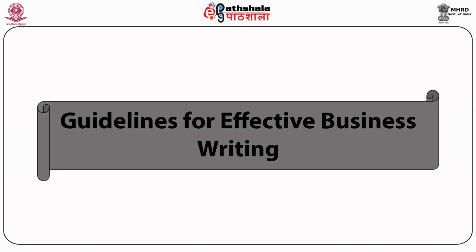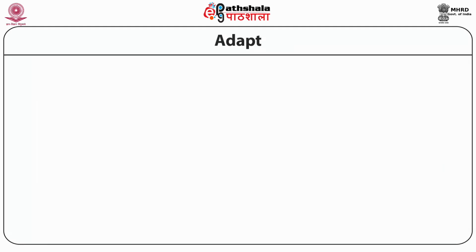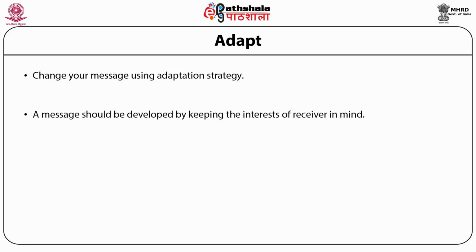Now let's have a look at various guidelines for effective writing. First is adapt. For writing effectively, you have to change your message using adaptation strategy. Adaptation concept says that a message should be developed by keeping the interests of the receiver in mind.